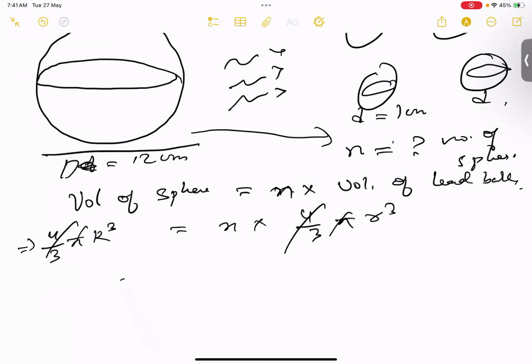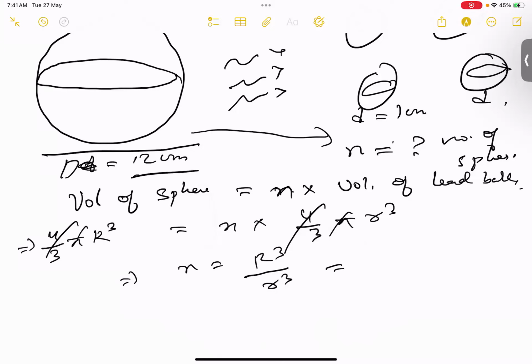Pi you can cancel. Now n is equal to R cube by r cube. So R is how much?